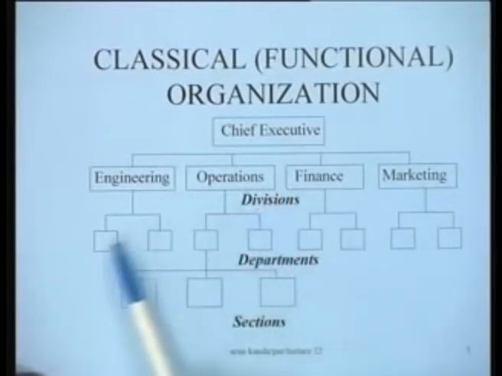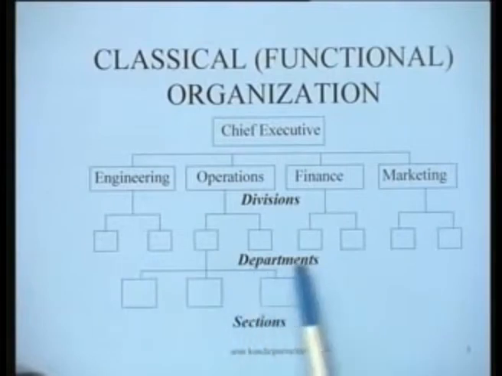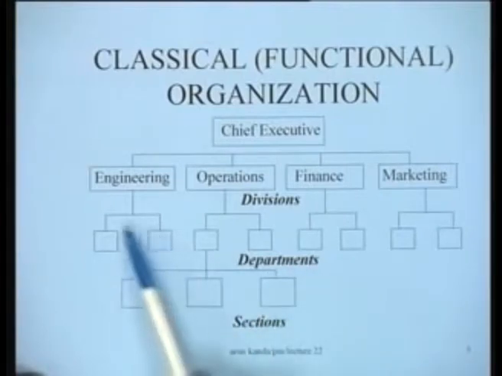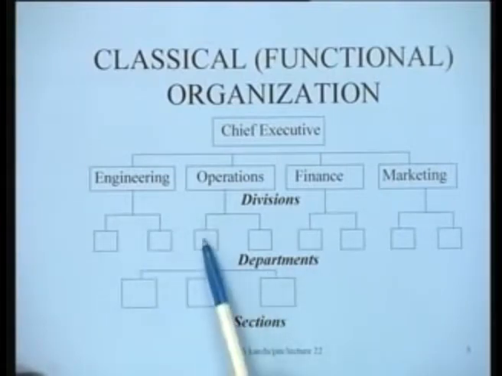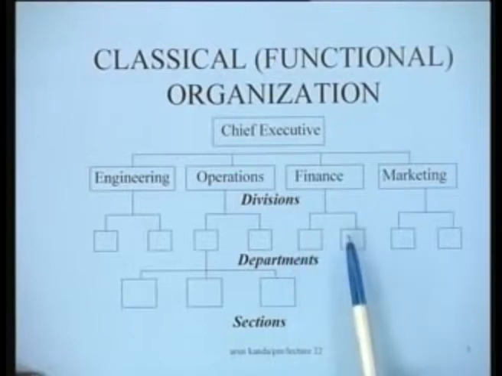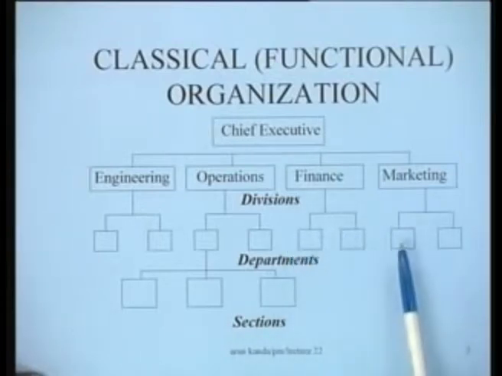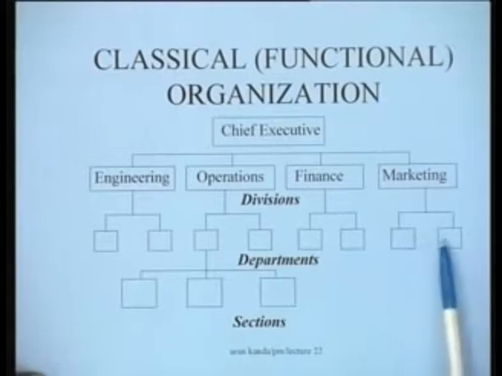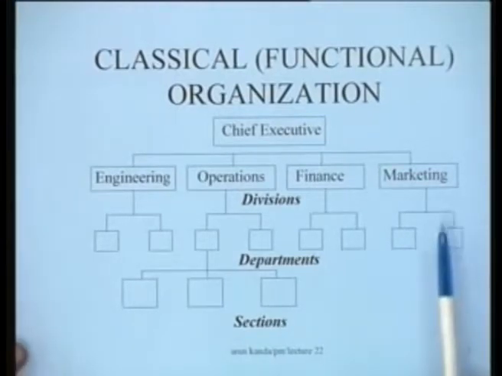Each of these divisions could be divided into a number of different departments. So you would have different departments under engineering. You could have different departments like a production department 1, production department 2. You could have finance, accounts, audit, various kinds of departments. Even under marketing you could have sales, and maybe some other kind of department.